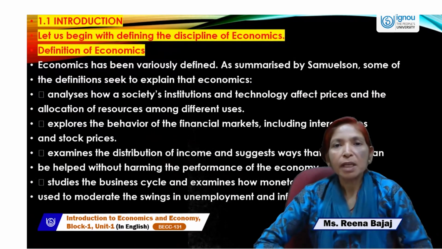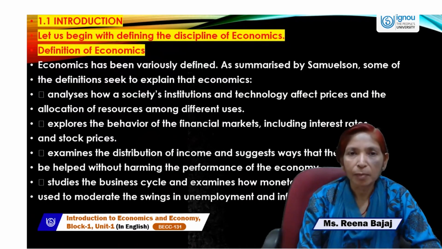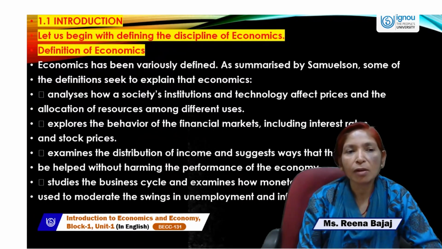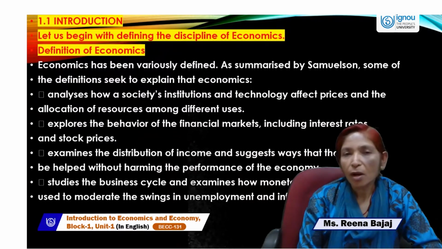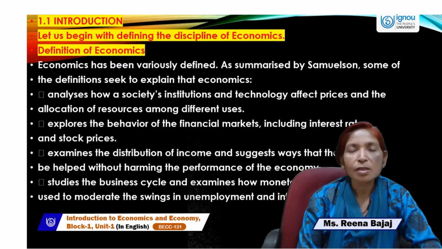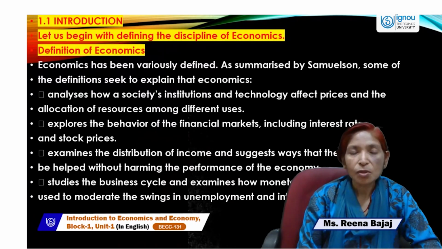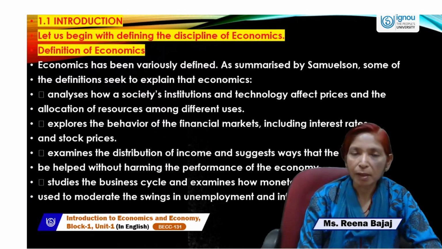This paper is BECC 131, Introduction to Economics and Economy. In this, first of all, we must know the meaning of economics. Economics is generally called a social science because it is not a pure science, not a natural science. Economics always deals with human beings because it deals with the social behavior of the country's people.